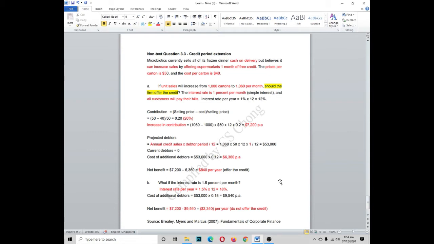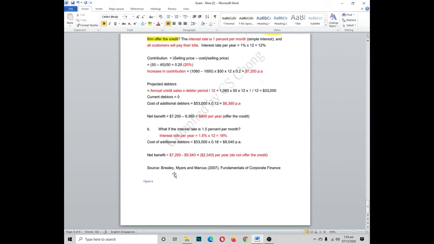How do we solve this? First is to find the contribution margin per unit.